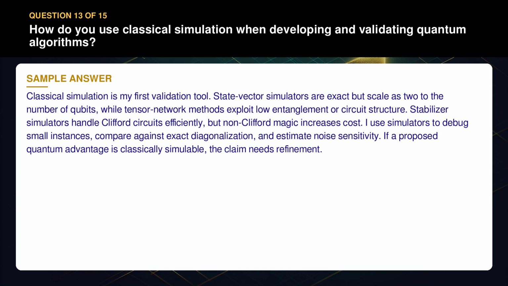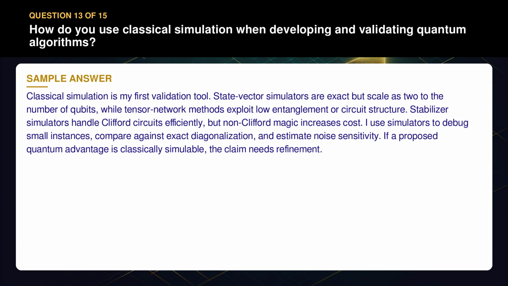State vector simulators are exact, but scale as 2 to the number of qubits, while tensor network methods exploit low entanglement or circuit structure. Stabilizer simulators handle Clifford circuits efficiently, but non-Clifford magic increases cost. I use simulators to debug small instances, compare against exact diagonalization, and estimate noise sensitivity.